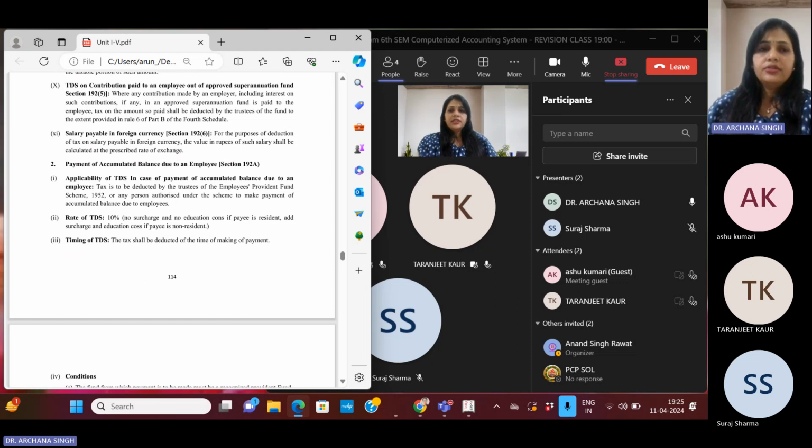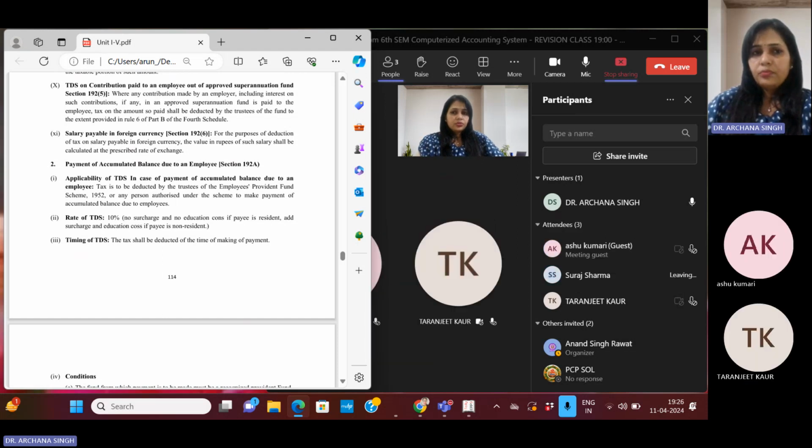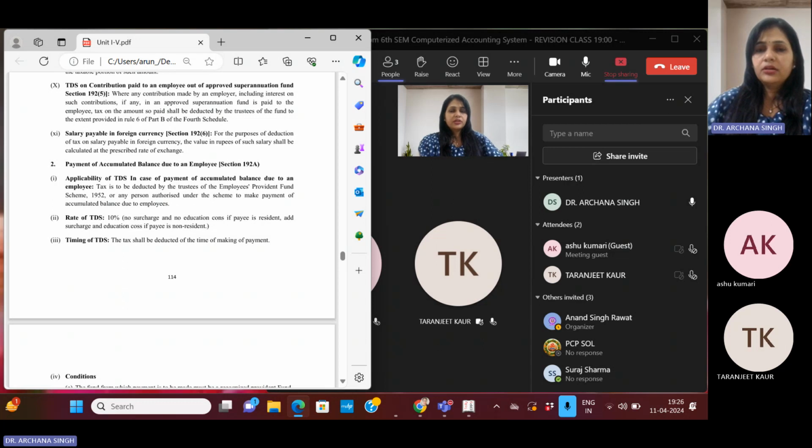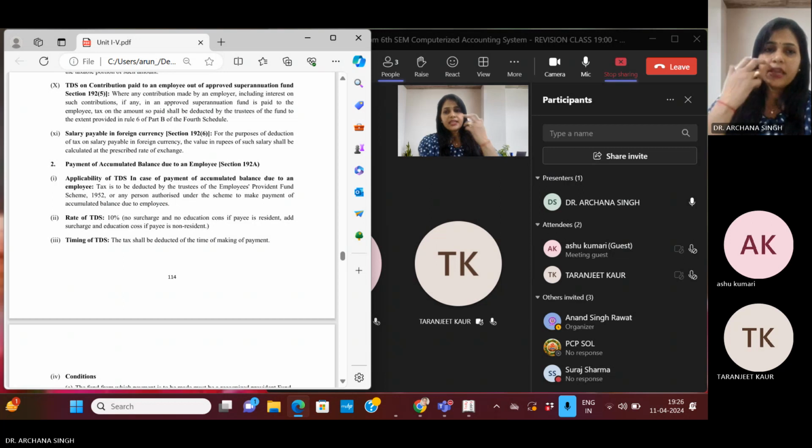Where any contribution made by an employer, including interest on such contributions, in an approved superannuation fund is to be paid to the employee, then tax on the amount so paid shall be deducted by the trustees of the fund to the extent provided in Rule 6 of Part B of the 4th Schedule. So up to that extent they can deduct the amount.